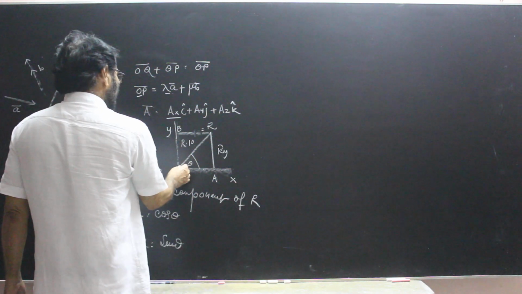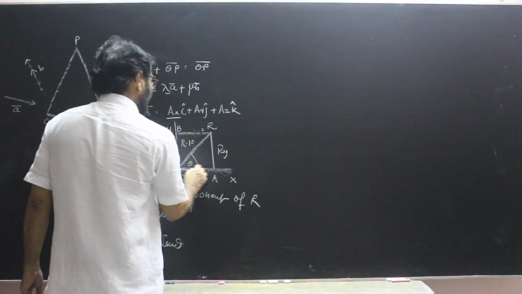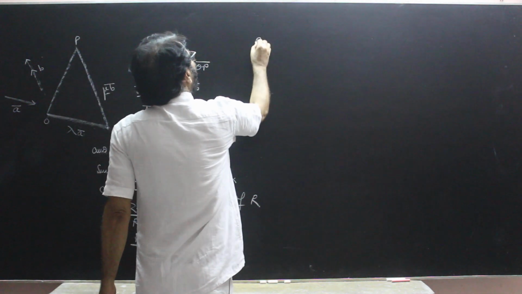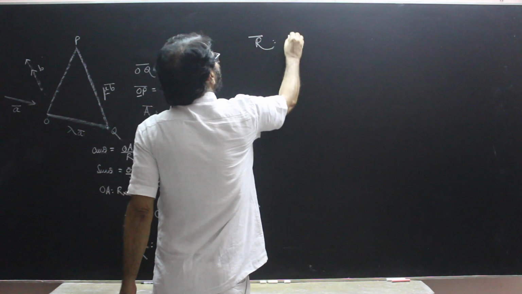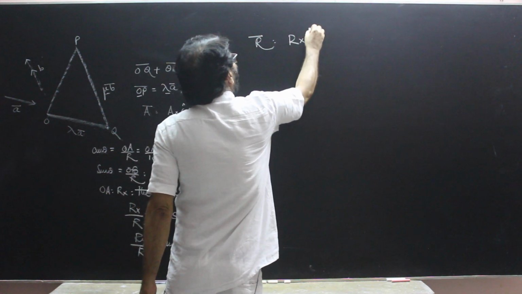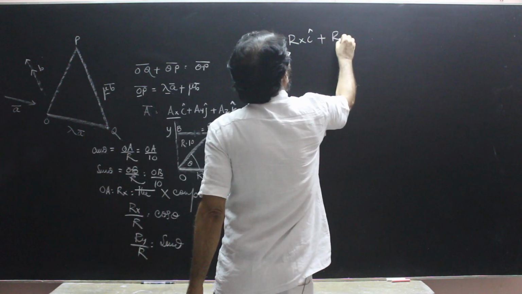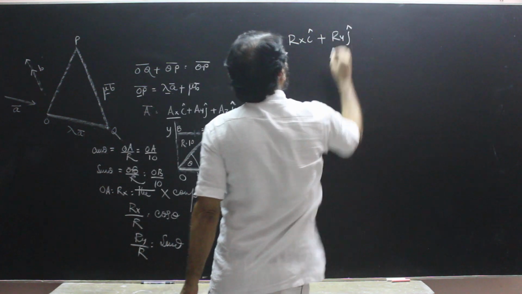So R can be written as, this is Rx and this is Ry. So we can write R as Rxi plus Ryj.